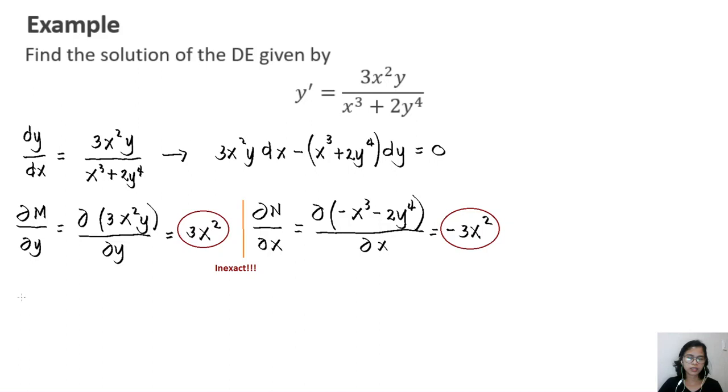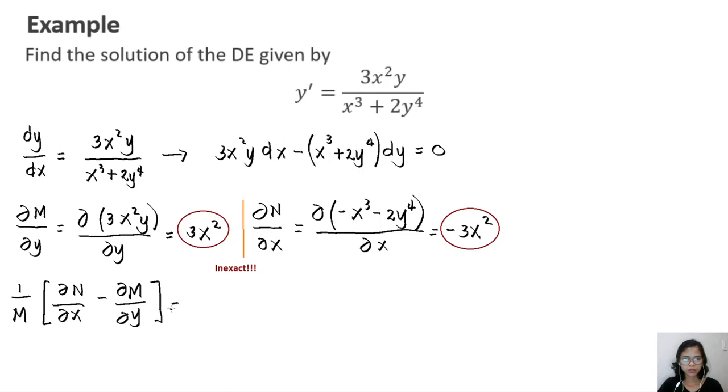If case 1 is N minus M over M, case 2 is M minus N over N. That would be the partial derivative of M with respect to y minus the partial derivative of N with respect to x, all over N.